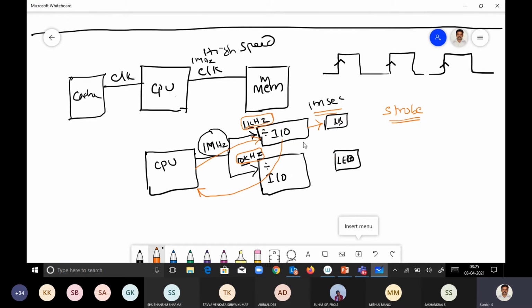We need to use a derived clock for the IO devices, as CPU is a high-speed device and the devices are slow. Everything is the same. The only thing is, in the handshaking mode, CPU first sends a signal to the IO interface to show that I am ready, asking whether the devices are ready or not. If the devices are ready, they send an acknowledgement signal, so that CPU can interact with the devices. So this is what happens. Okay, right.